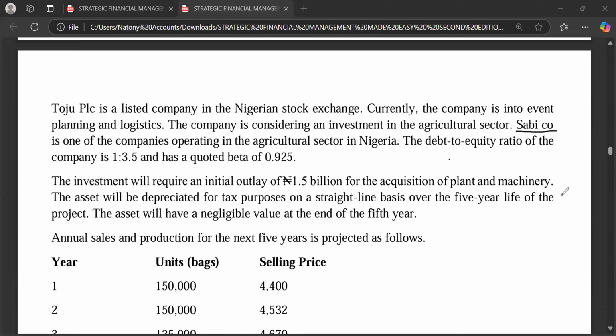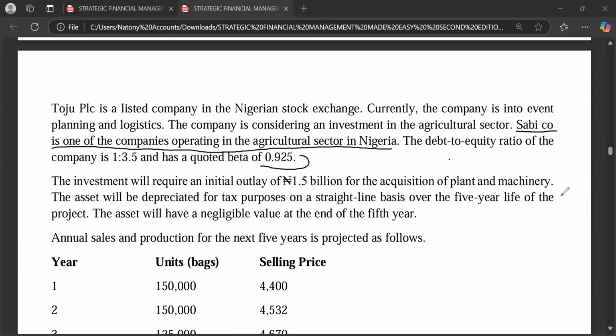I want you to take note of this. Sabico is a proxy company. So you need the data of this company for this investment appraisal. The debt to equity ratio of the company is 1.1 to 3.5 and has a quoted beta of 0.925.